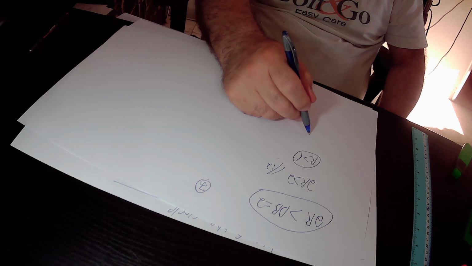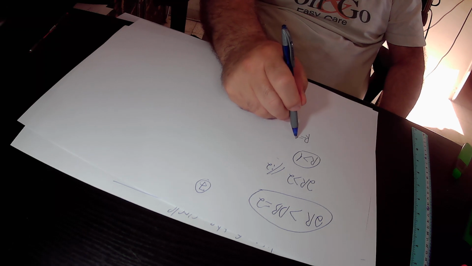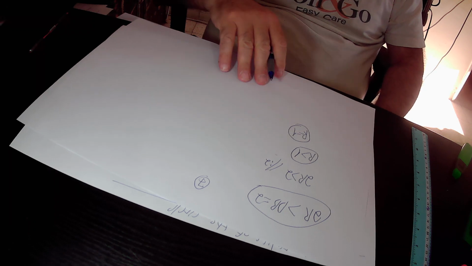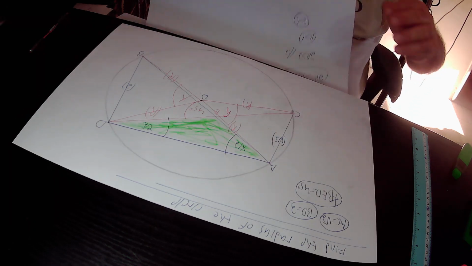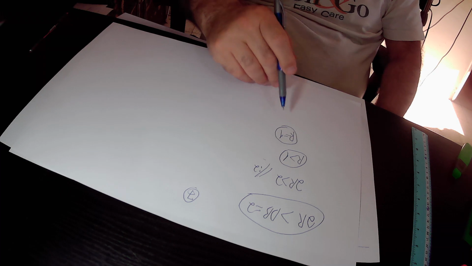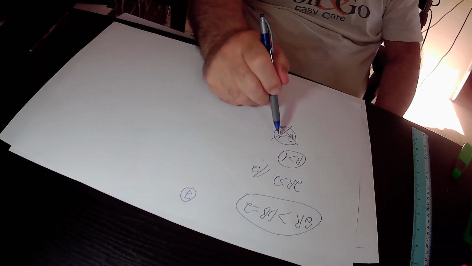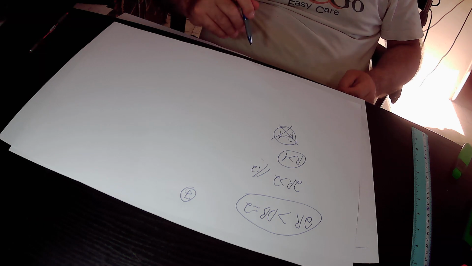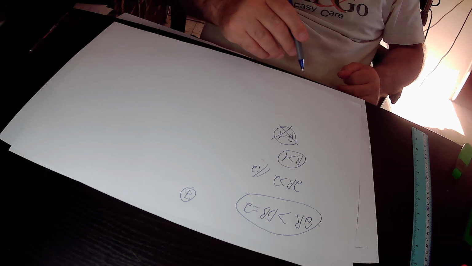So the solution that r equals 1 is the incorrect solution, because the radius r of this circle must be greater than 1. So we cancel this solution, and we take into account only the second solution for t.